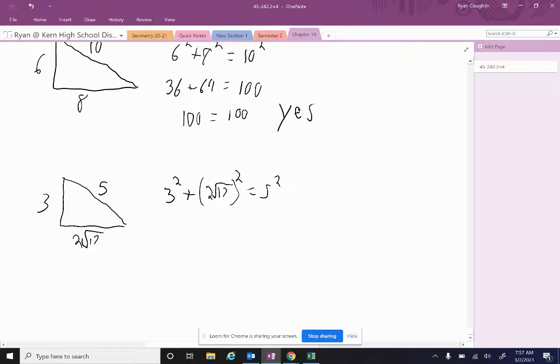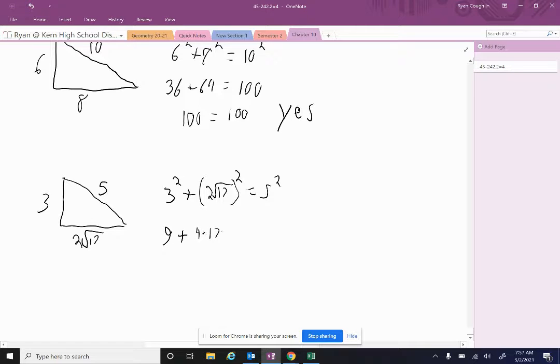Okay, so sometimes you're given the square roots on the side, so I'm just showing you how we're going to cancel those out. So 3 squared is 9 plus, when we see something like this, I have to square the 2, okay? 2 squared is 4, right? And then root 17 squared, whenever we have a square root squared, it just cancels out.